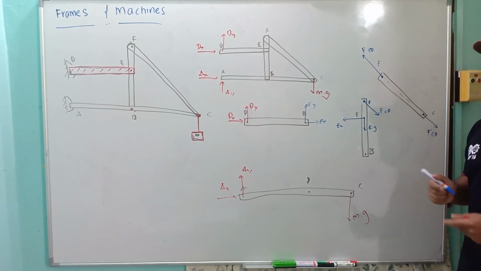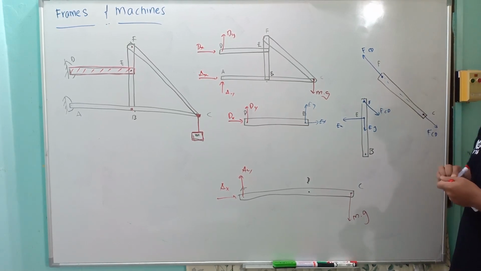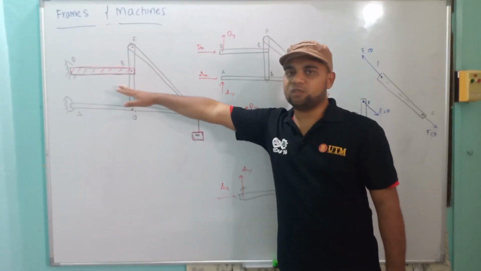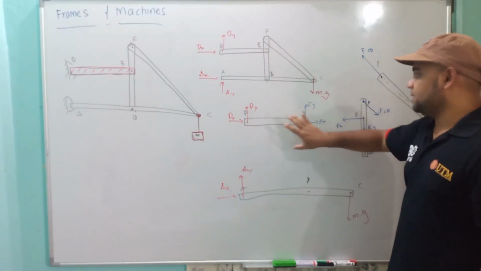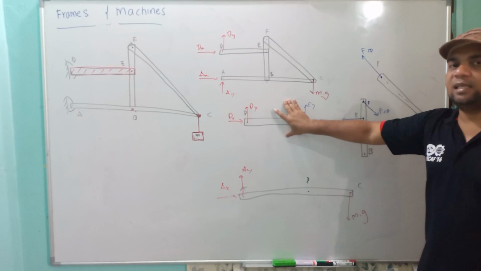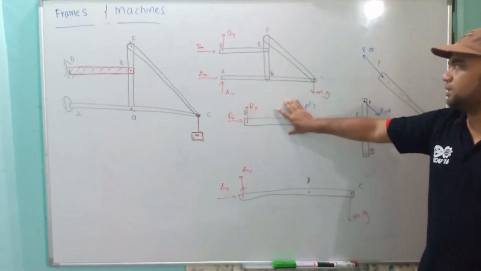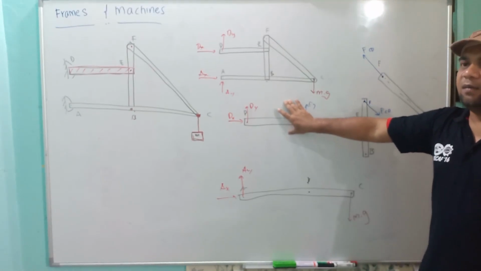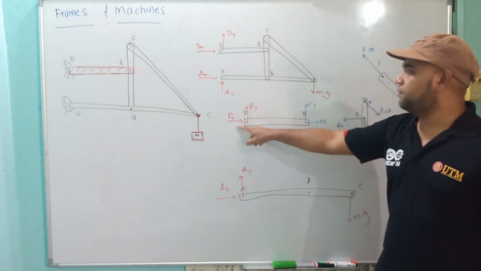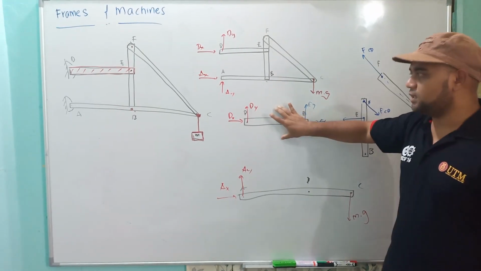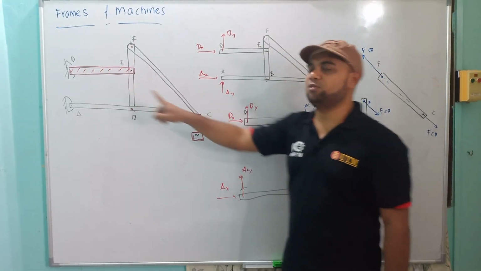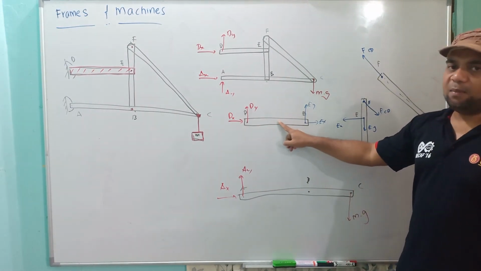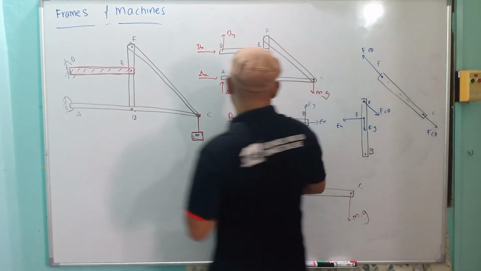And the other part is here. I've mentioned that here it is a two force member, but I made a mistake here where I'm not considering it as a two force member in my calculation, in my free body diagram. So this will leave you a lot of unknowns. So you have to consider it, because this is a two force member, you have to also label this one as a two force member.